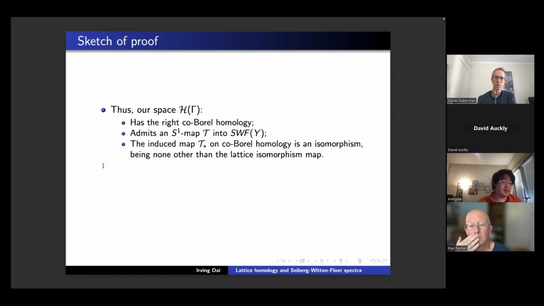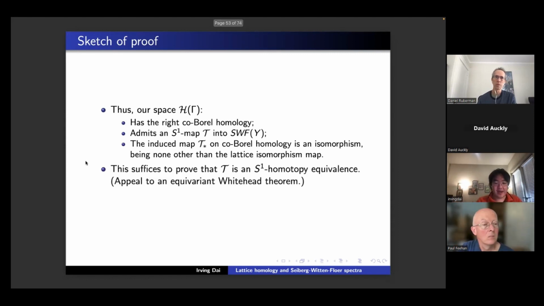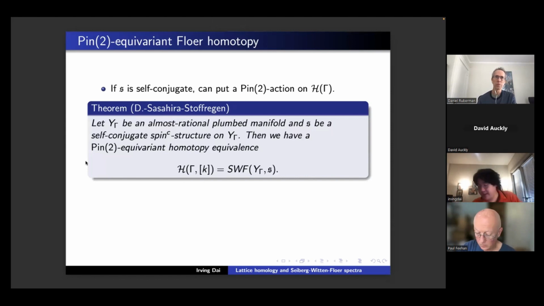Okay, so that's how we prove that these spaces give the correct homotopy type. Okay, all right. So that's an overview of the construction and how we prove this is the correct Seiberg-Witten-Floer homotopy type.